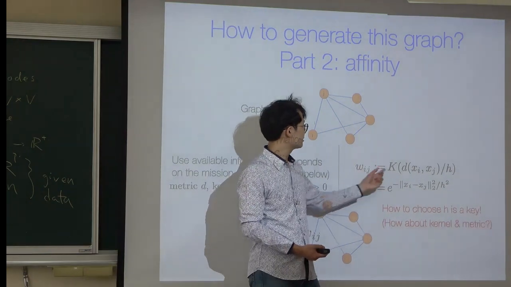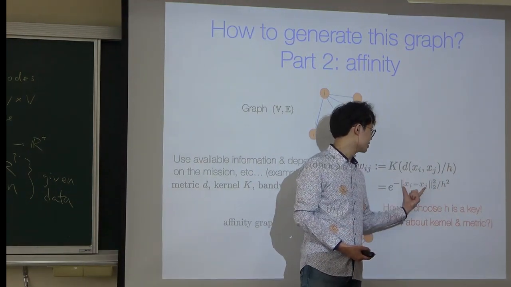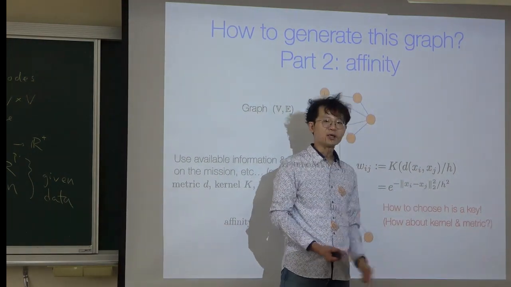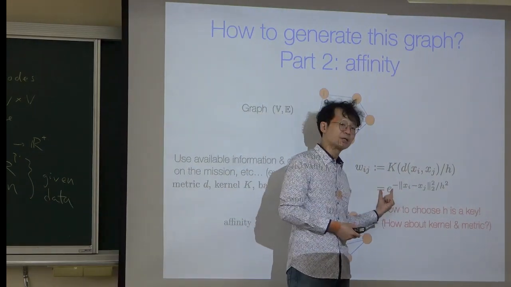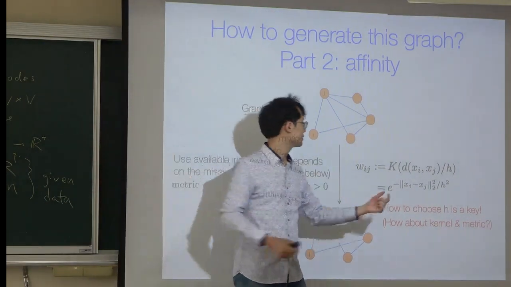A very common example of kernel is the Gaussian kernel, and h is the bandwidth, and the distance sometimes is L2 distance. Then what you can see from here is if two points' L2 distance is very small, then their affinity is big. But if two points have very big L2 distance, then their affinity is small.